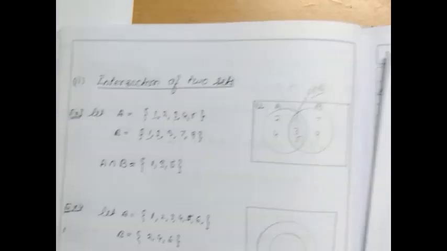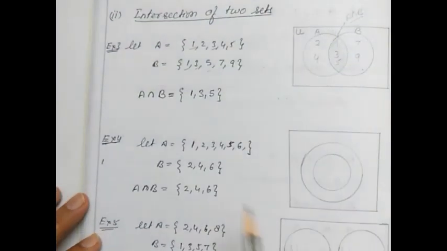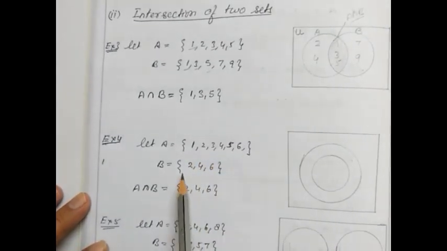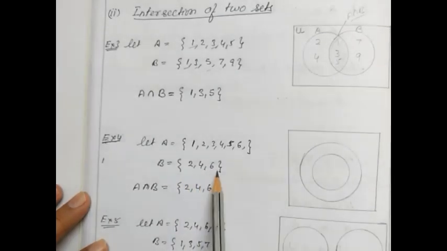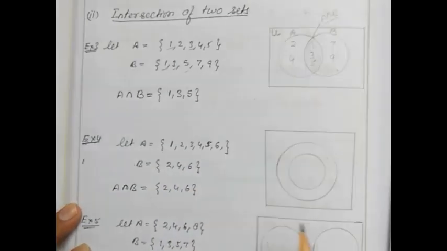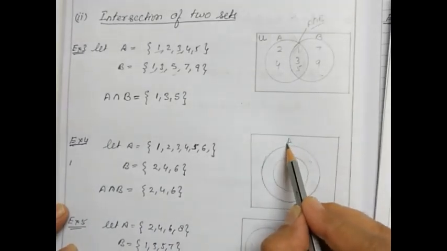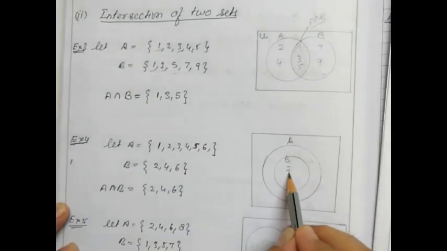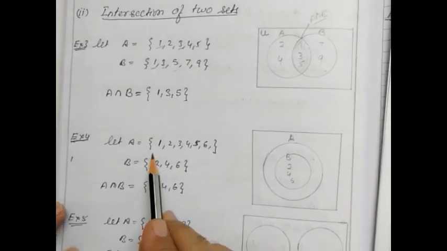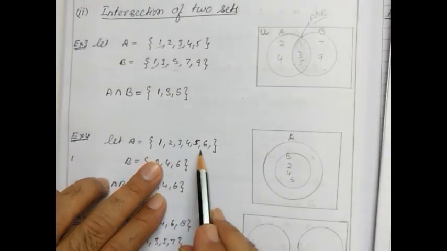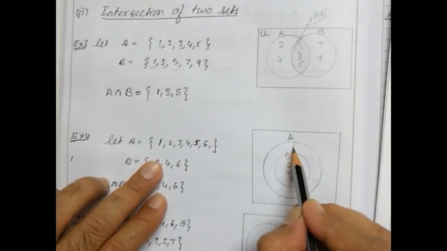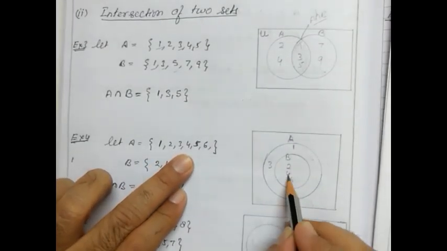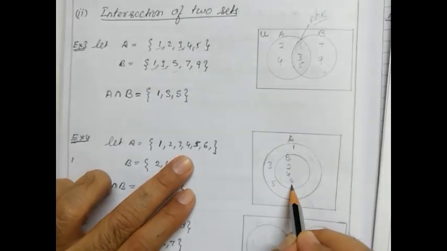Let us consider another example. Here A is 1, 2, 3, 4, 5, 6 and B is 2, 4, 6. This is set A and this is set B. B is 2, 4, 6, and A is 1, 2, 3, 4, 5, 6. So I will write 1 here, 2 is already inside, 3 here, 4 is already inside, 5 here, 6 is already inside.